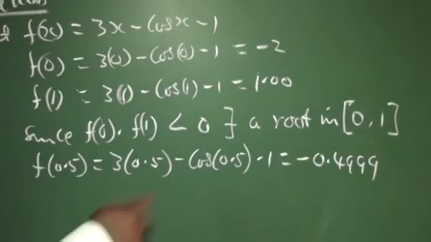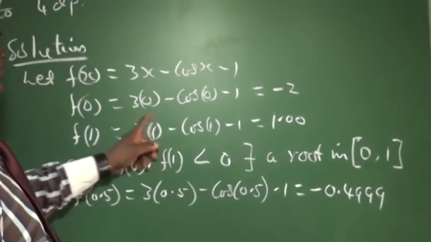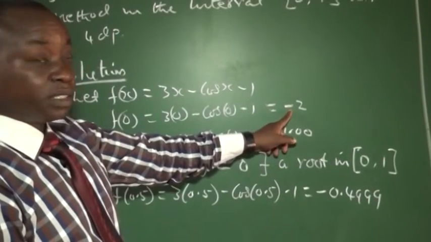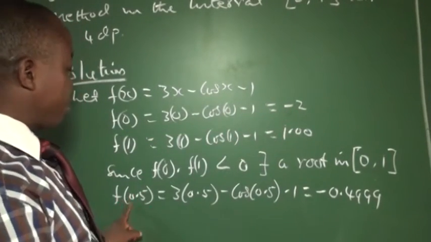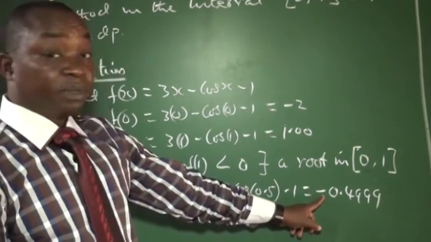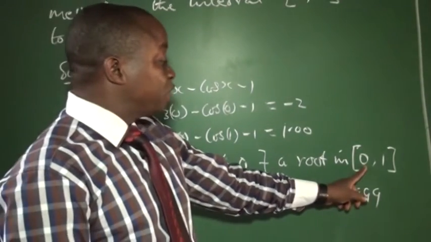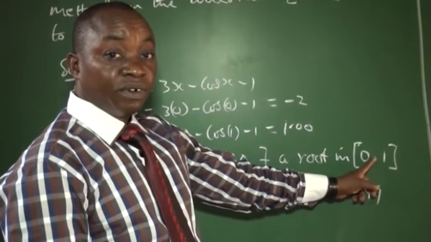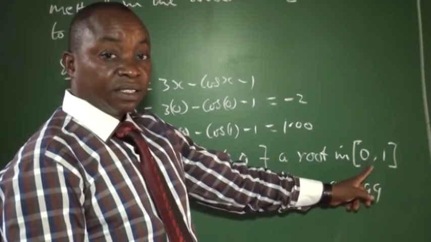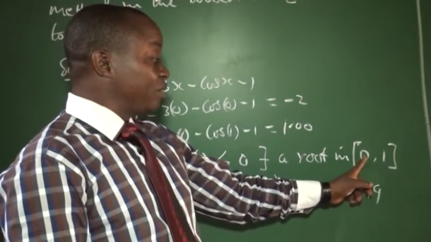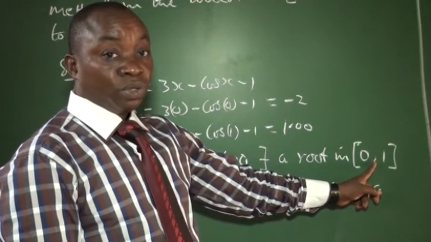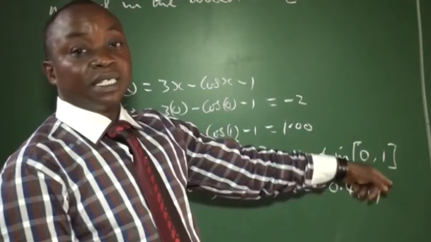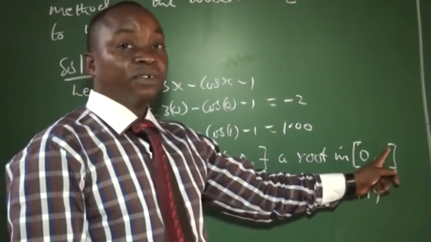Okay, now f of 0 is negative. F of 0.5 gives me negative. So what it means is that between 0 and 0.5, since they don't have opposite sign, there is no root between 0 and 0.5. So to make the iteration very fast, I'm going to choose my starting point from 0.5.